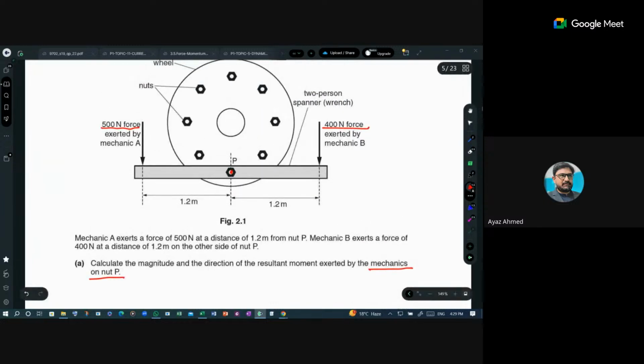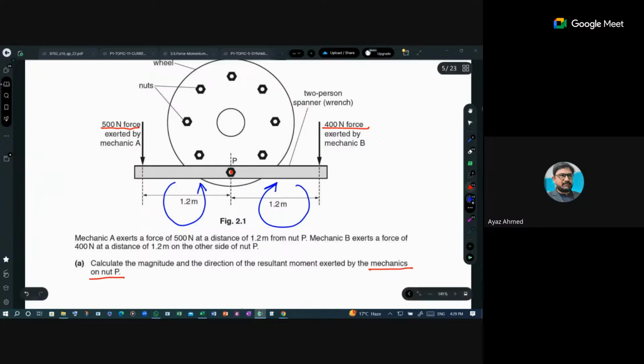This is a very interesting question. If you want to open a nut, both of them should create the moment in the same direction. So what are they doing? They are applying force from both directions. Mechanic A is producing the moment in anti-clockwise, and mechanic B is producing the moment in clockwise.